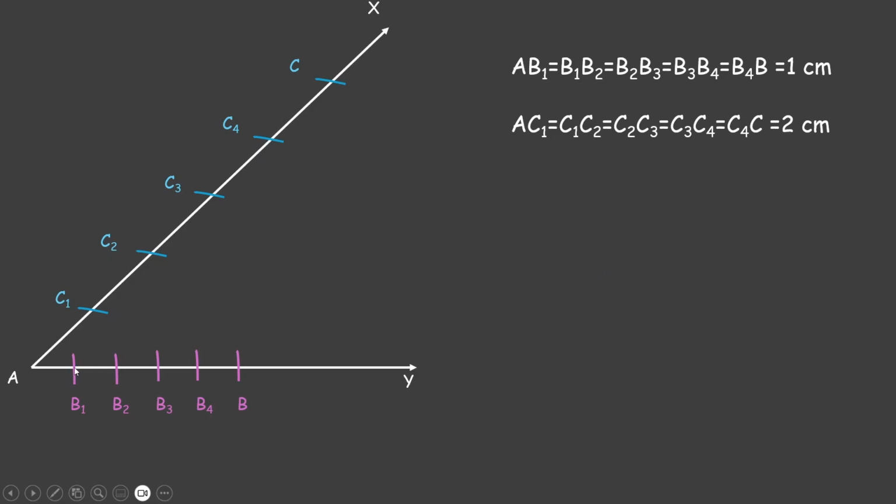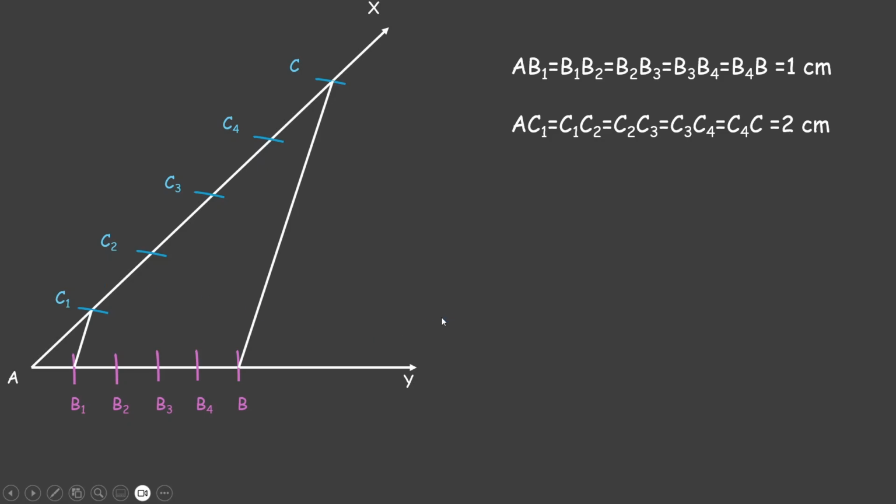Now, let us connect B1 to C1 and B to C. Doing that, we get a triangle ABC, where B1 is a point on AB and C1 is a point on AC, and we have connected these two points as well.